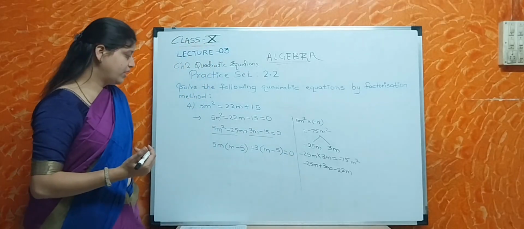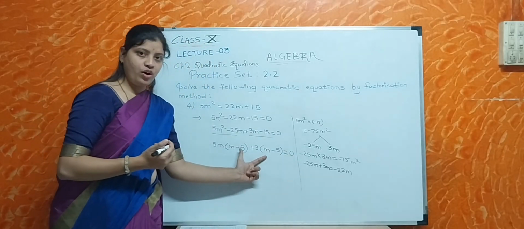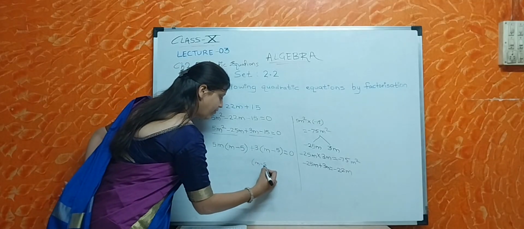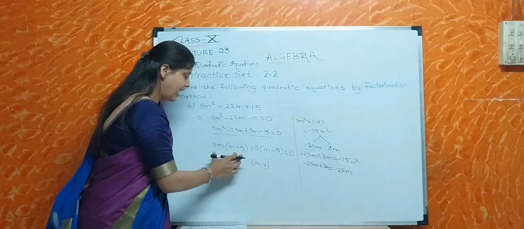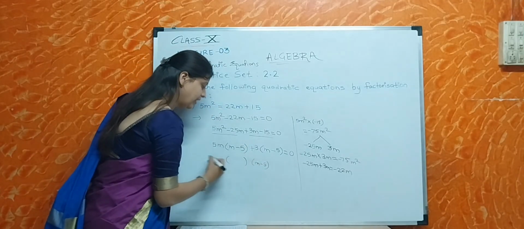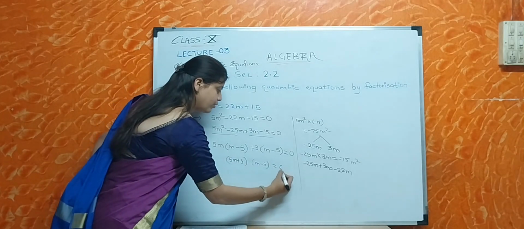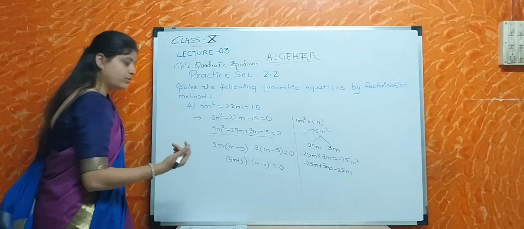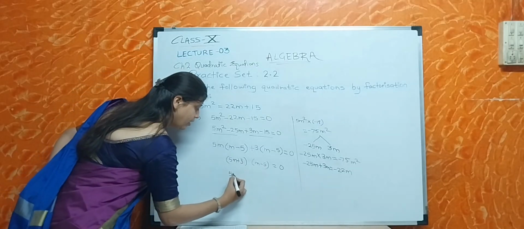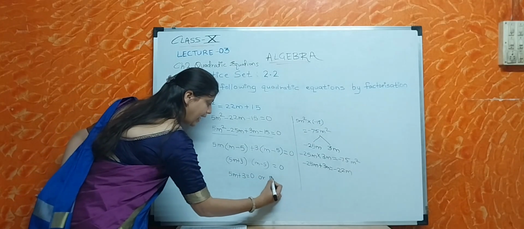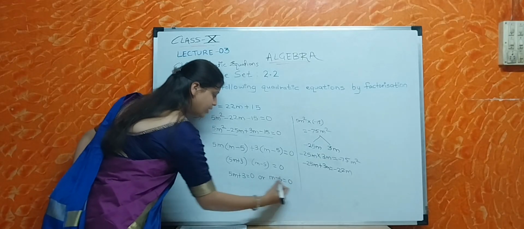In this step we got this two brackets as a common, same brackets. So m minus 5 we can take common bracket and remaining terms in another bracket, that is 5m plus 3 is equal to 0. So we got two factors, that is 5m plus 3 is equal to 0 or m minus 5 is equal to 0.